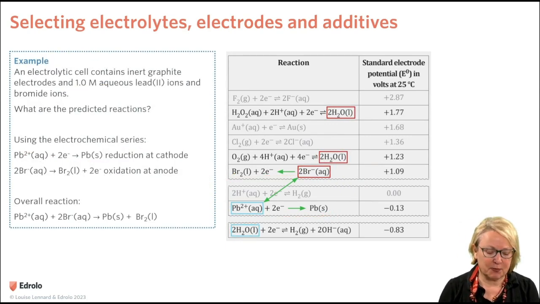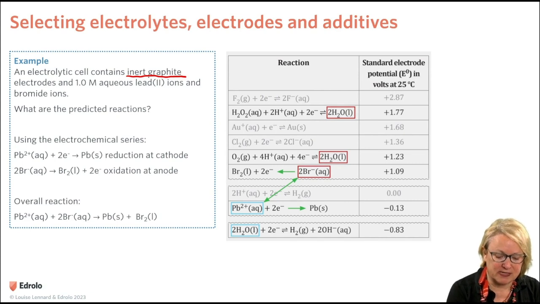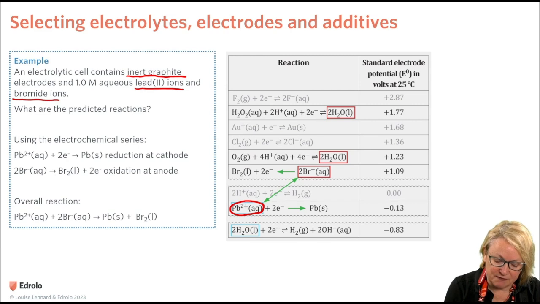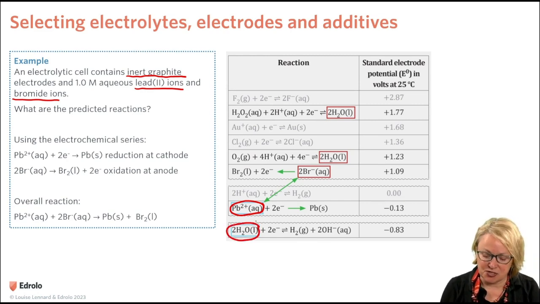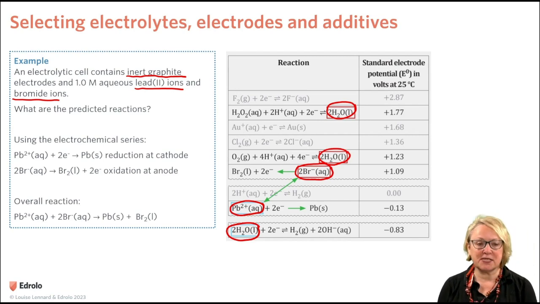So for an example, an electrolytic cell contains inert graphite electrodes, in other words, they're non-reactive, and a 1 molar aqueous solution of lead 2+ ions and bromide ions. What are the predicted reactions? Well, we circle all the species that we have. We've got lead 2+ ions, we've got water as oxidising agents, we've got water, water, and bromide ions as reducing agents.